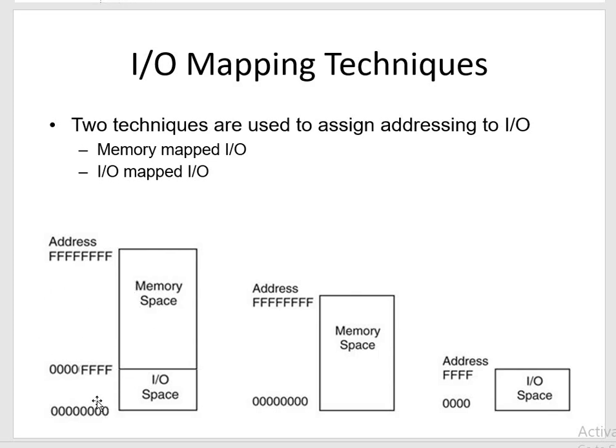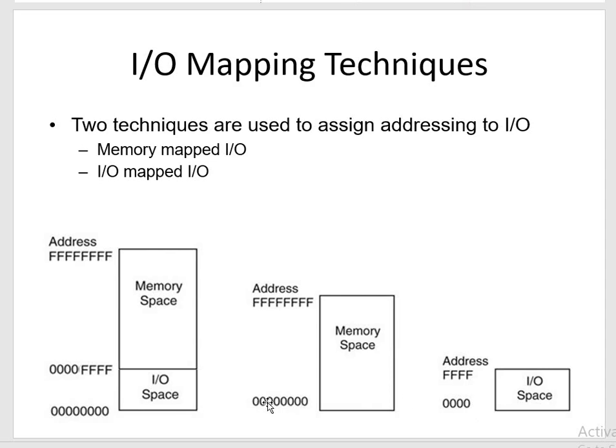If we use the same instruction with a different addressing range, then it is called memory mapped IO. And if we use two different sets of addresses, then naturally we require two different sets of instructions as well to access the data, because one set of addresses is there in memory space whose address is all zero, and another address of IO is also there whose bits are all equal to 0.